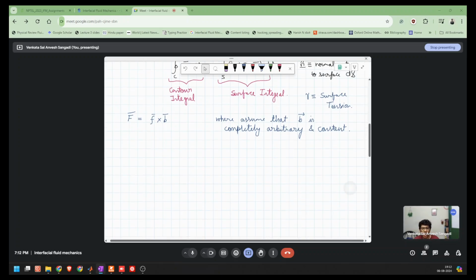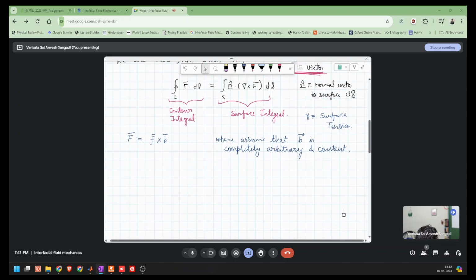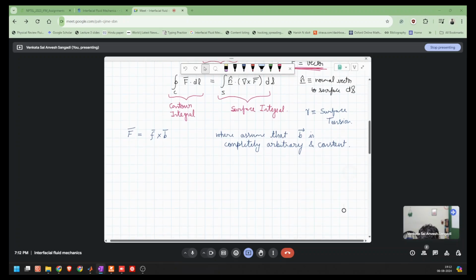We'll see how we can use these. So we substitute f into the Stokes theorem.